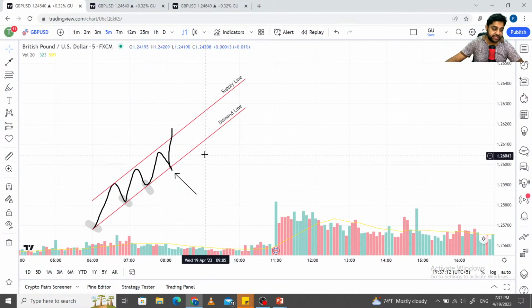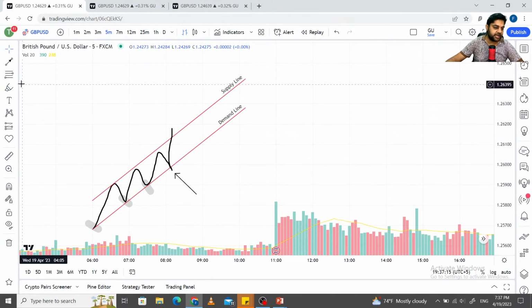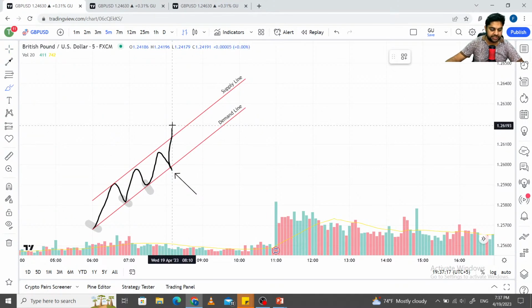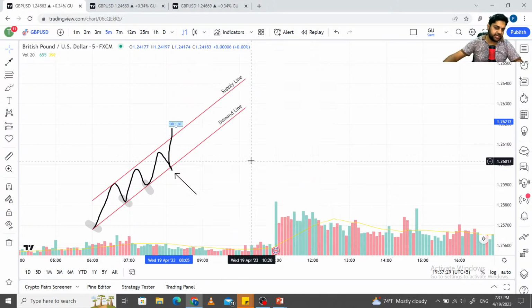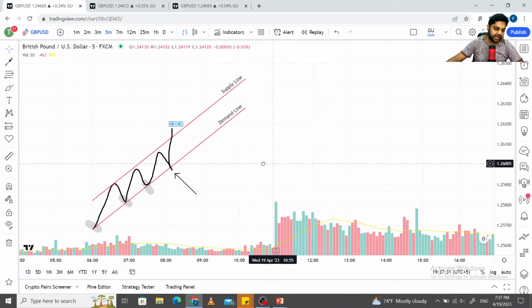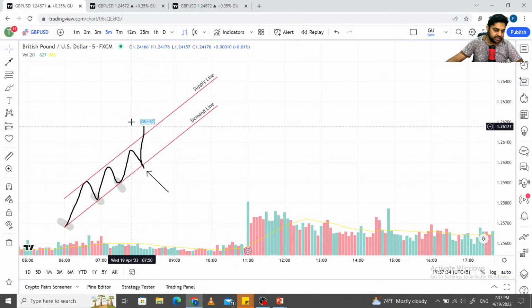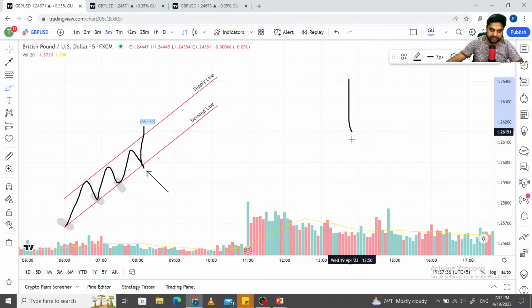But the question is, how do we trade in the downtrend? Well, that's very easy, because you see this condition right over here is overbought. So let's call this overbought. And plus you will also normally see here BC. BC is the buying climax. Now why do we call this one BC? Because the BC will be like this.